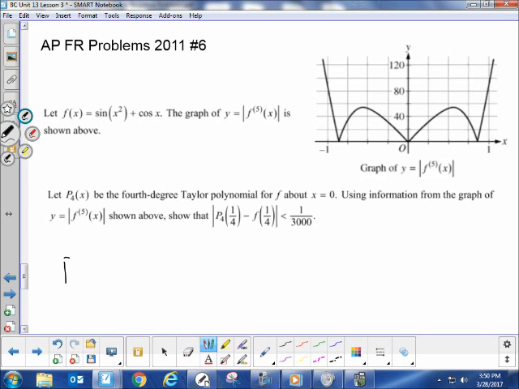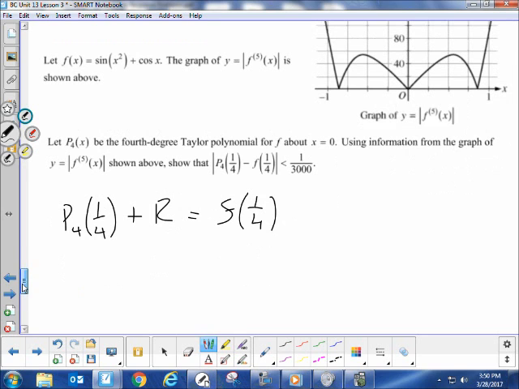Well, I know that P4 of 1/4 plus some remainder would equal f of 1/4. And I know that that remainder is some fifth derivative at some value times x minus 0, my center, to the fifth over 5 factorial, right?